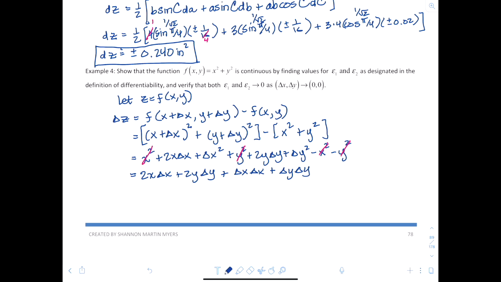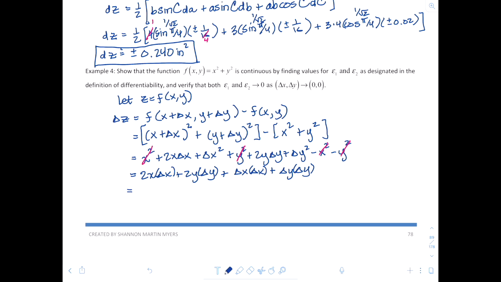Good so far? And let's go ahead and show that we're grouping these, because we want to match that definition.